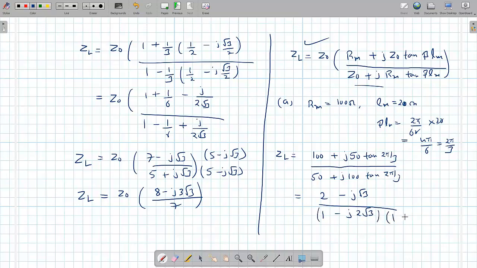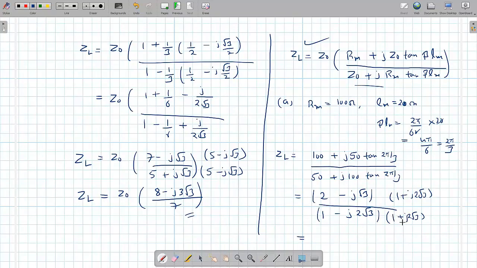So we can multiply by 1 plus j 2 root 3, taking the conjugate, and let's try to solve this and see whether it's coming equal to this or not.